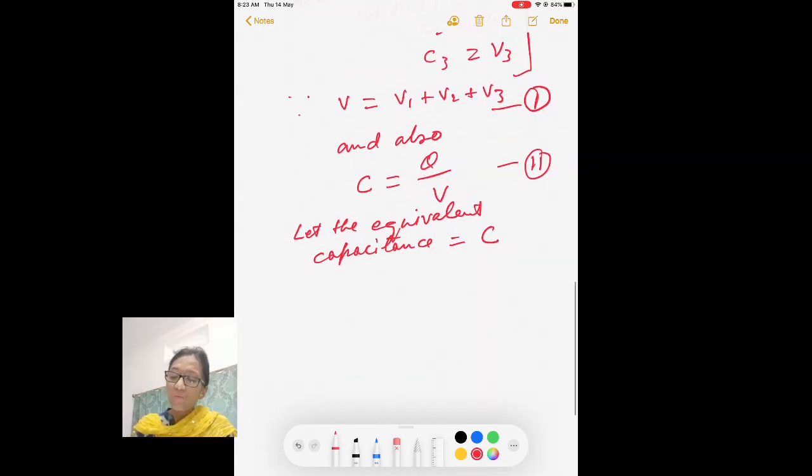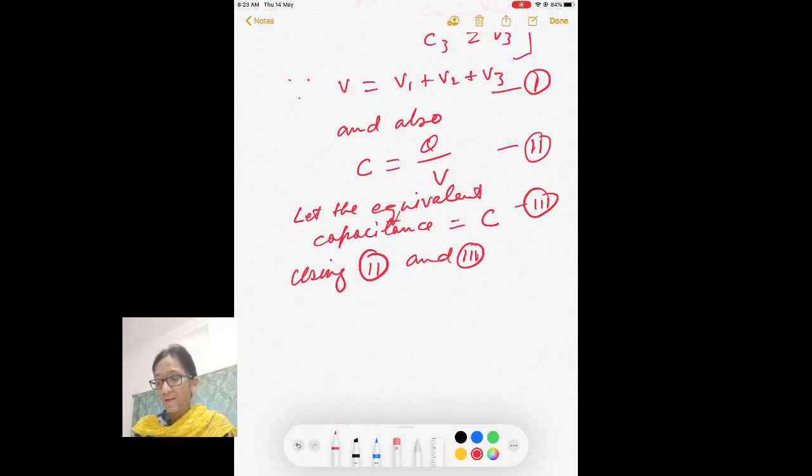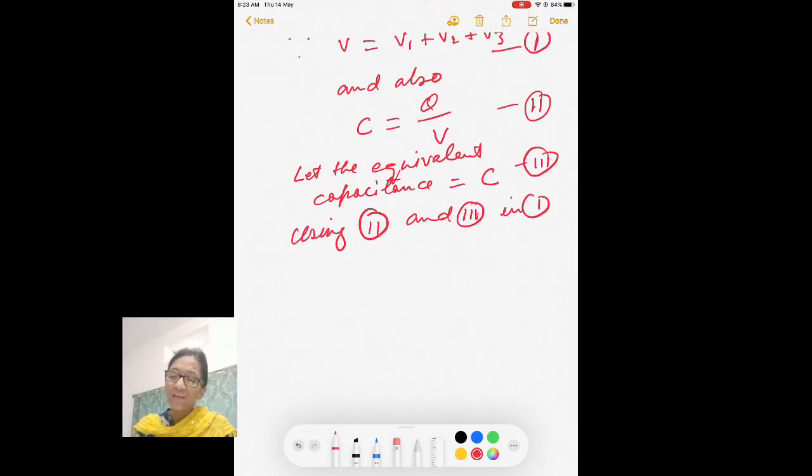Then using equations 2 and 3 in 1, in place of V we will be writing Q upon C.